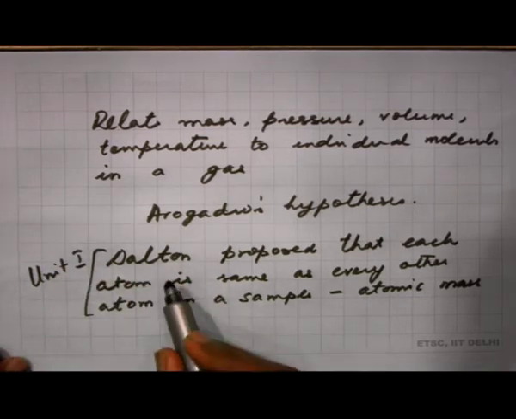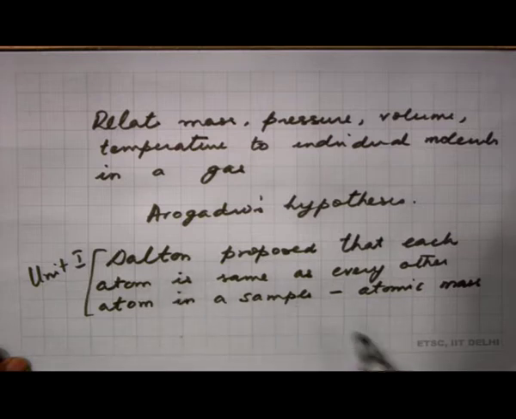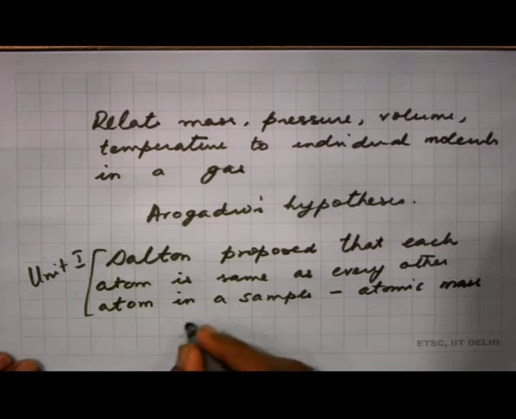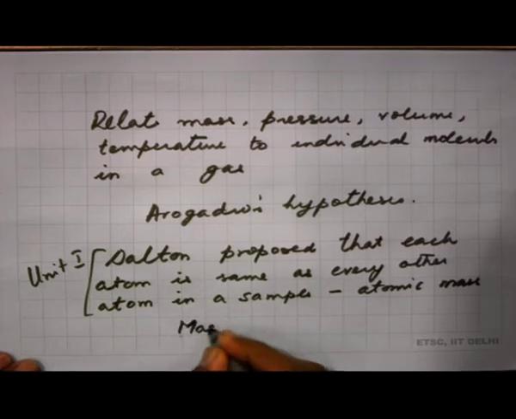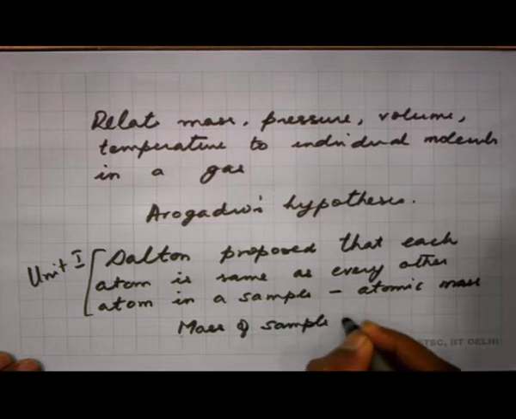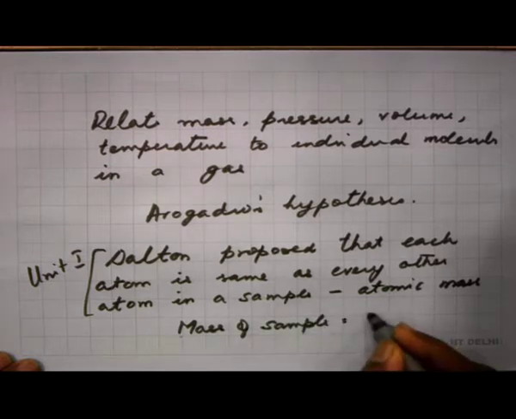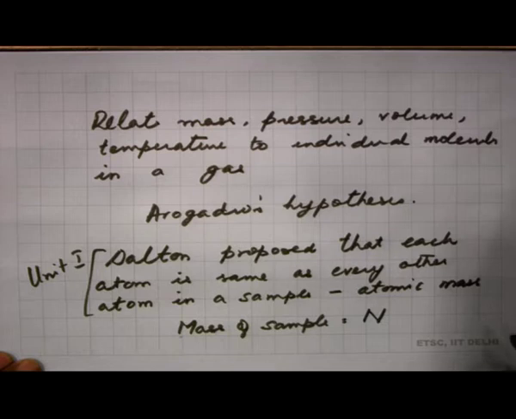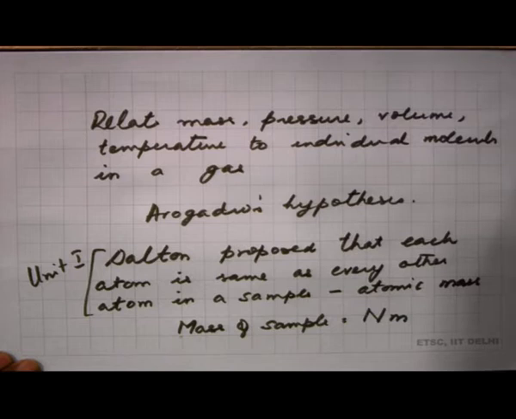So, in the light of Dalton's theory, then Avogadro's, you have that the mass of the sample is the number of molecules or atoms present in the sample times the atomic or molecular mass.